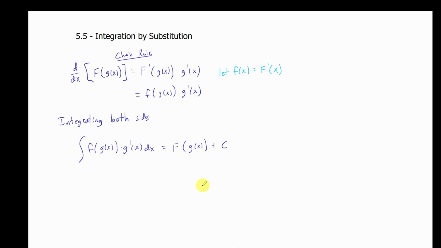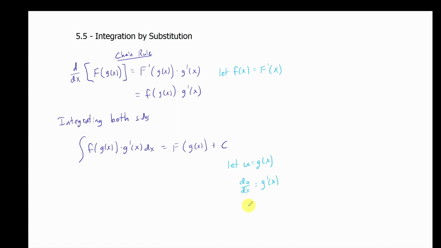So now let's do a little bit of relabeling. I'm going to let u equal g of x. And using this identity, u equals g of x, if I differentiate both sides, on the left I'll have du dx, and on the right I'll have g prime of x. And then using our knowledge of differentials, I know that the du and the dx can be split up.